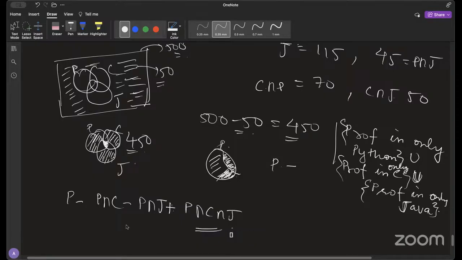Is this part clear? This is only P. If you do this, you'll get just this part. Is this part clear to everyone?